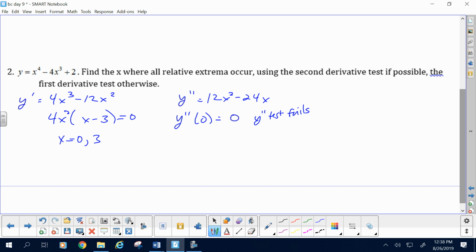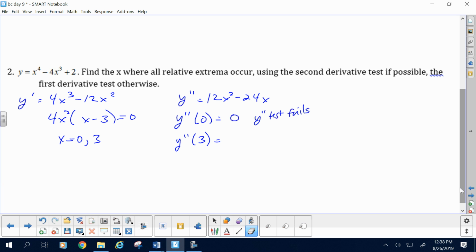If the second derivative has no sign, it doesn't tell you what you need it to tell you, which is concave up or concave down. Second derivative test fails. What about the second derivative at 3? You get something like positive. It is positive.